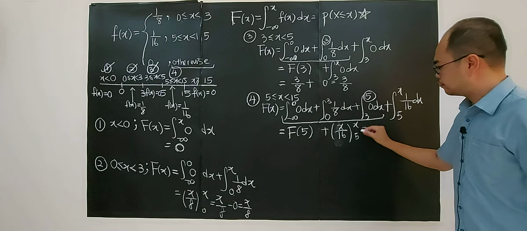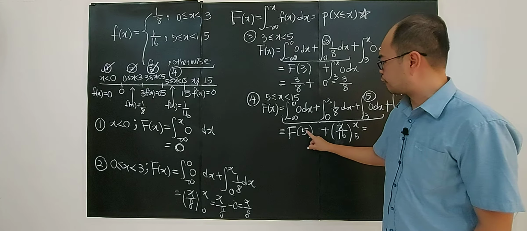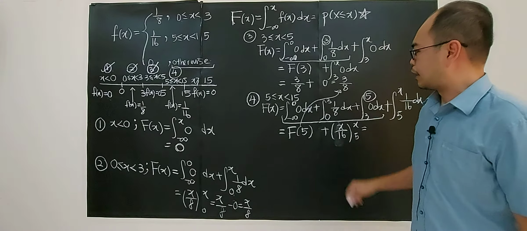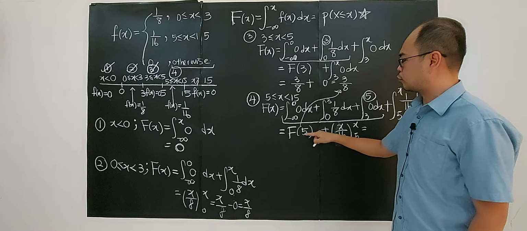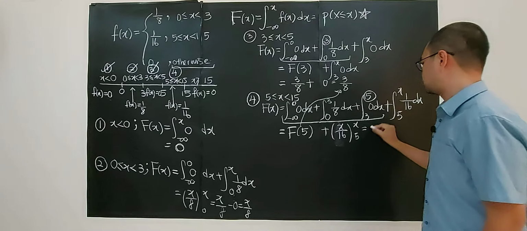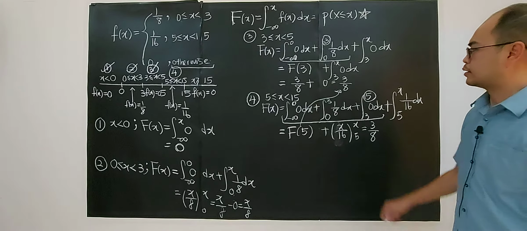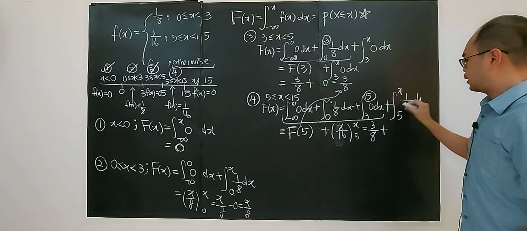So see carefully. What is F(5)? F(5), you have to substitute the one before, right? But it is independent of x. There is no x here, so you cannot substitute. You just take the value 3 over 8, all right? So you're taking 3 over 8 plus the current one.